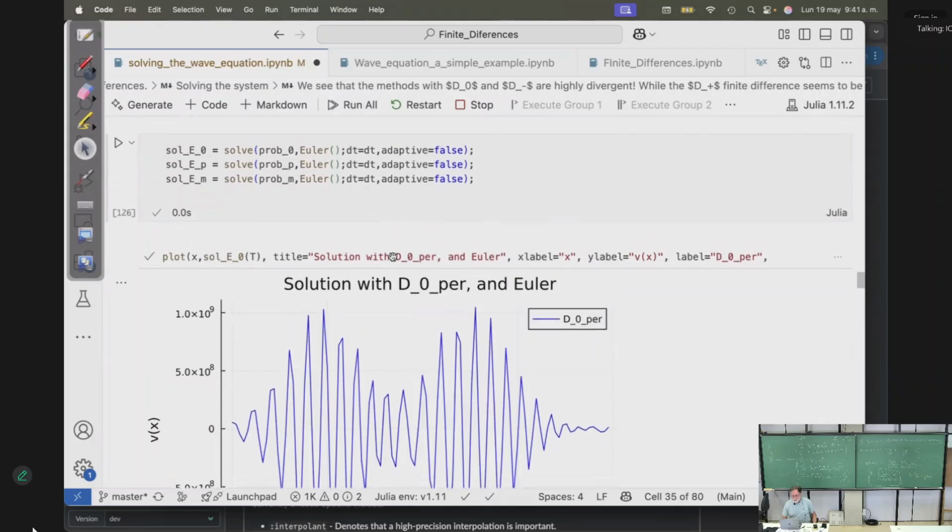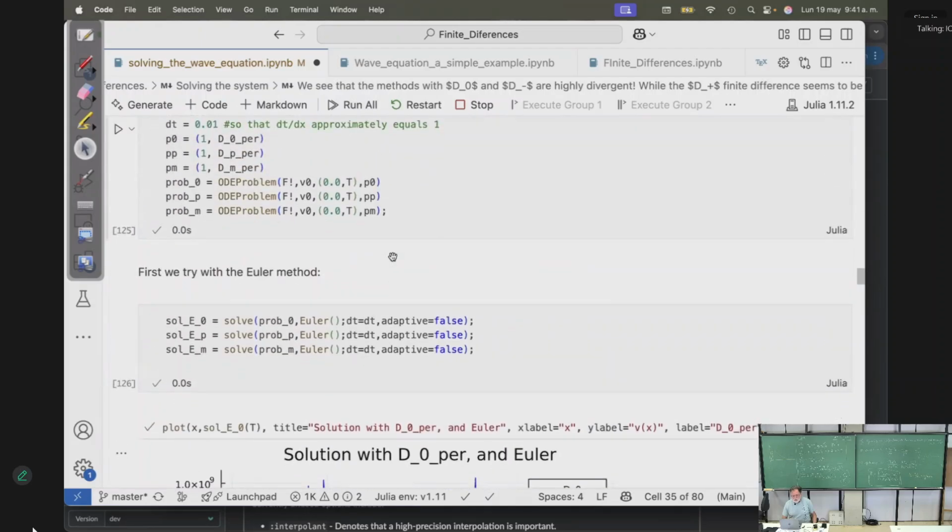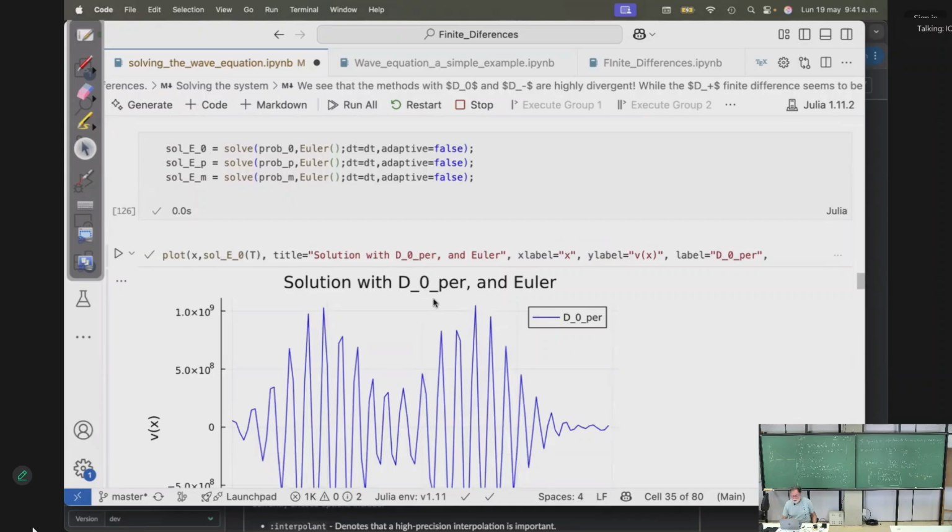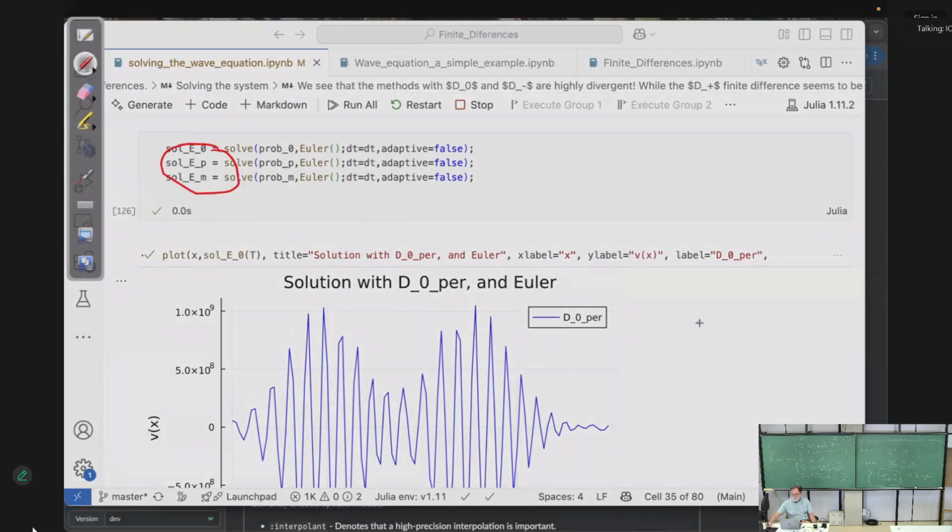The D naught has, and we saw now that the D naught has imaginary eigenvalues, purely imaginary eigenvalues. So we have something like, the eigenvalues are here.